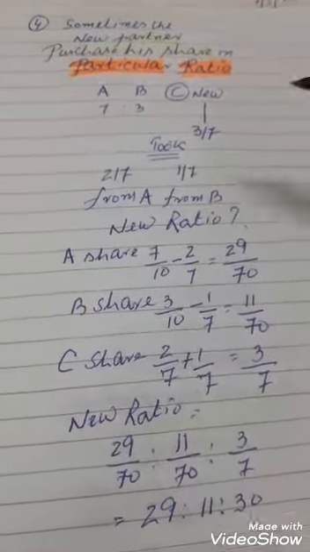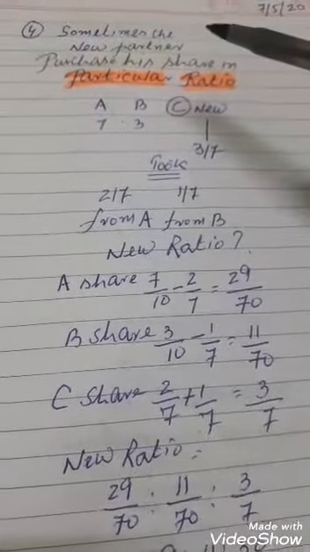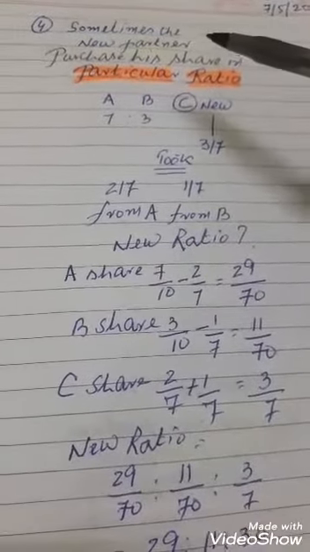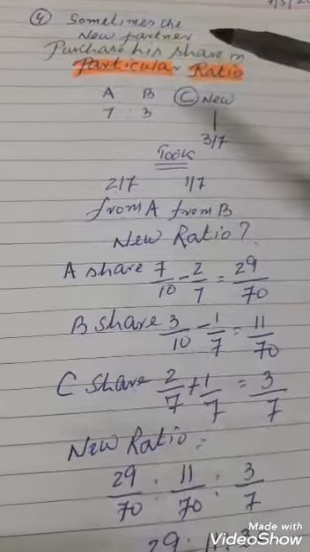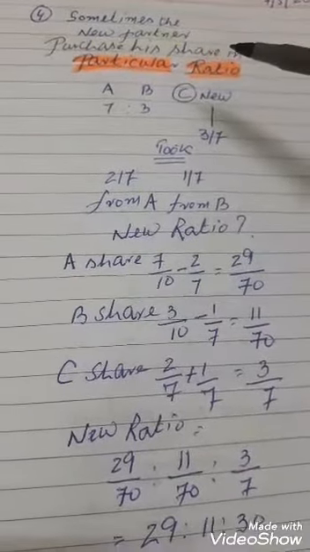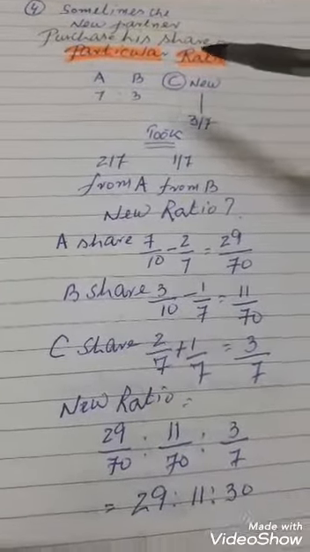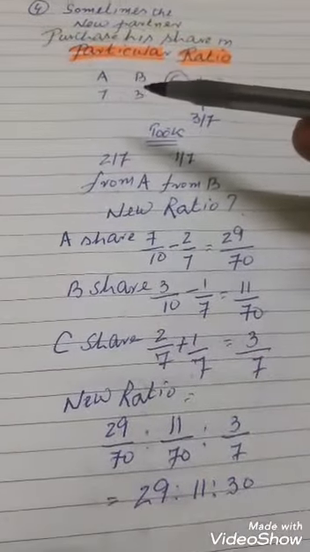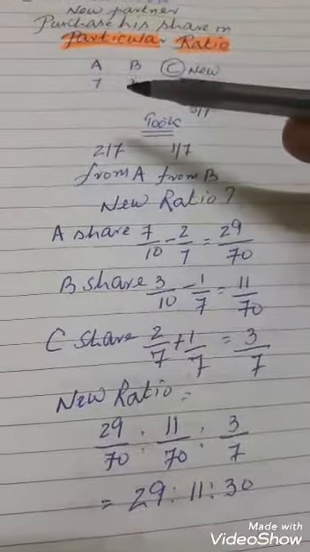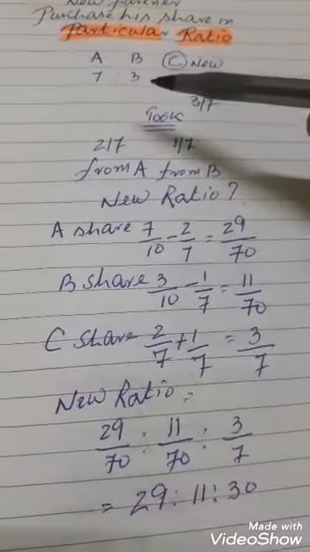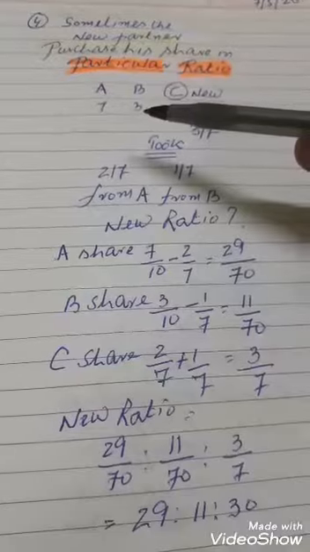Now the fourth is when the new partner purchases share in a particular ratio from the old partner. Here is the question: A and B are partners sharing 7:3, it can be 7/10 and 3/10.